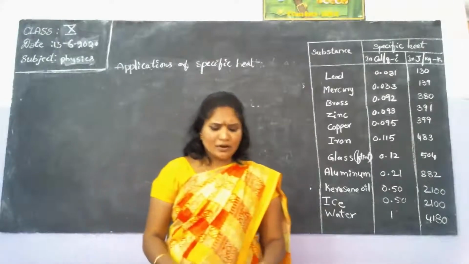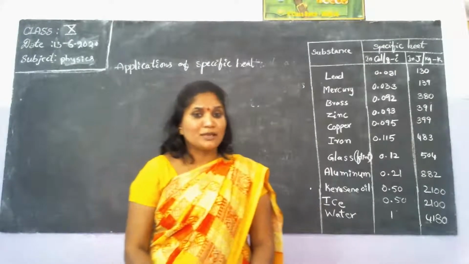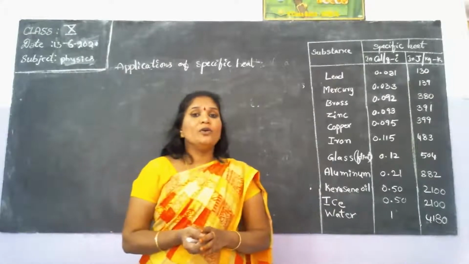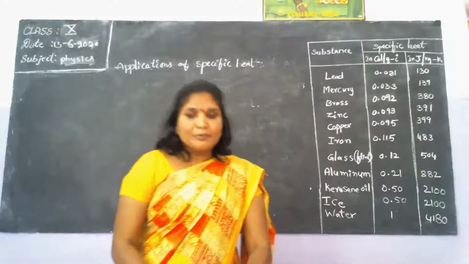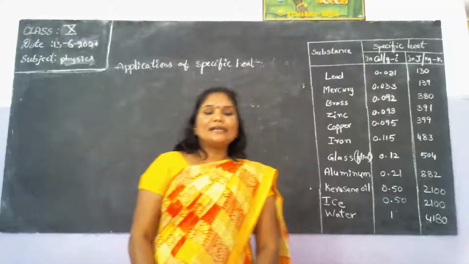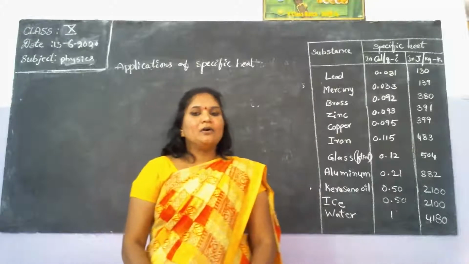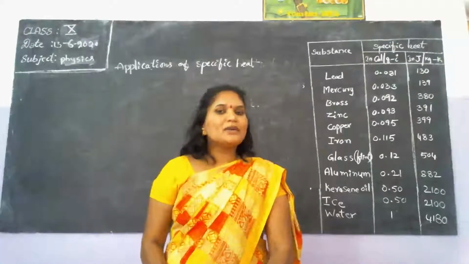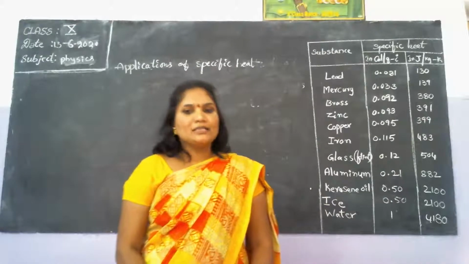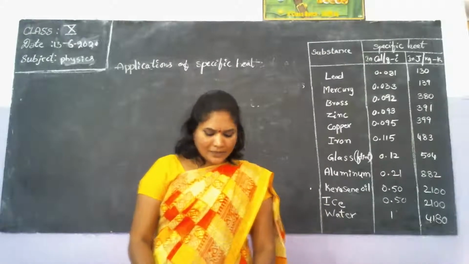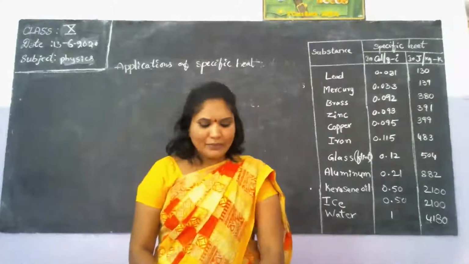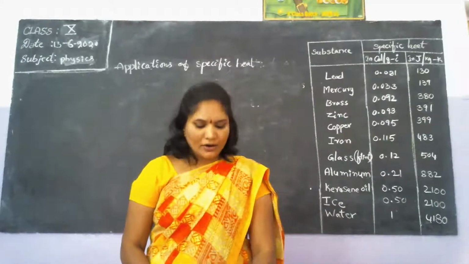We see in our daily life, take a samosa. The outer side is cool, but when we eat it, the ingredients inside are hot. Why? The ingredients have a very high specific heat, so when we eat it, it is very hot.